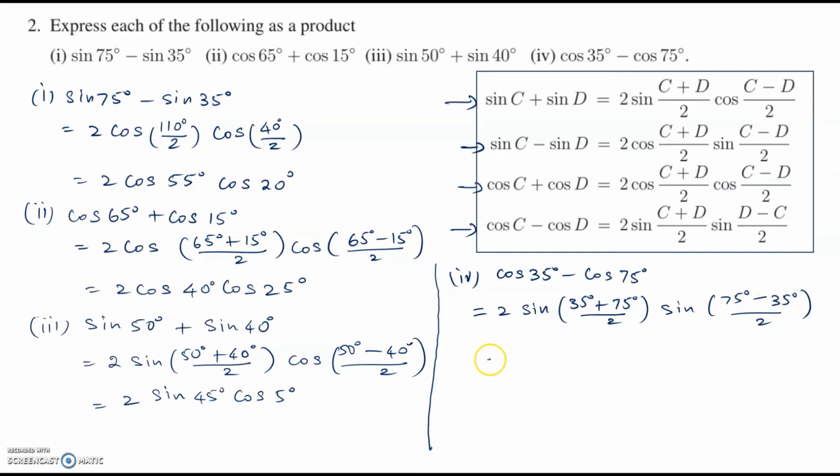That's equal to 2 times sine of 35 plus 75, which is 110 degrees, divided by 2 will be 55 degrees, and sine 40 by 2 will be 20 degrees.